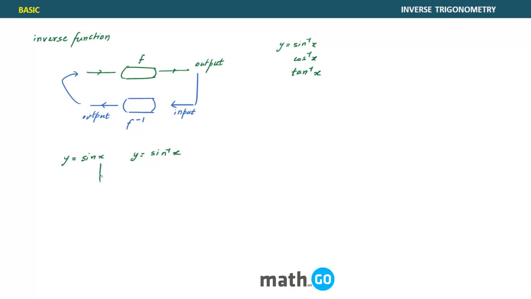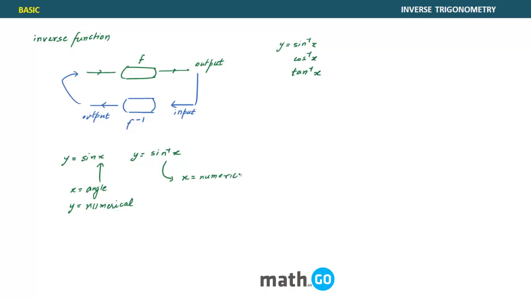First of all, see here, x is an angle and y is a numerical value. It is a numerical number. This is the output.